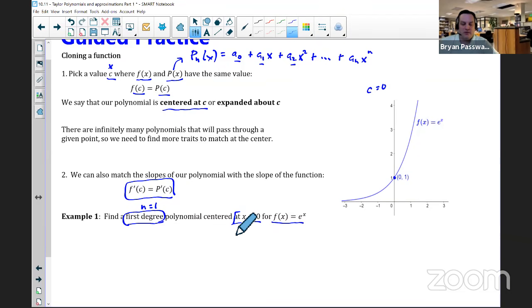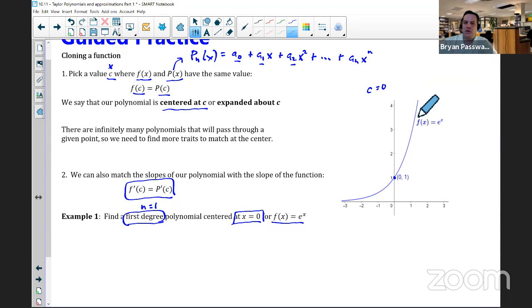Second of all, we have to know what the center is. In this case, the center is 0. And hopefully it makes sense why we would pick 0, because remember, we're trying to match up a point on the original graph and derivatives on the original graph with whatever we're trying to clone, right? Whatever point you pick as the center, you really should know the value of the original graph.